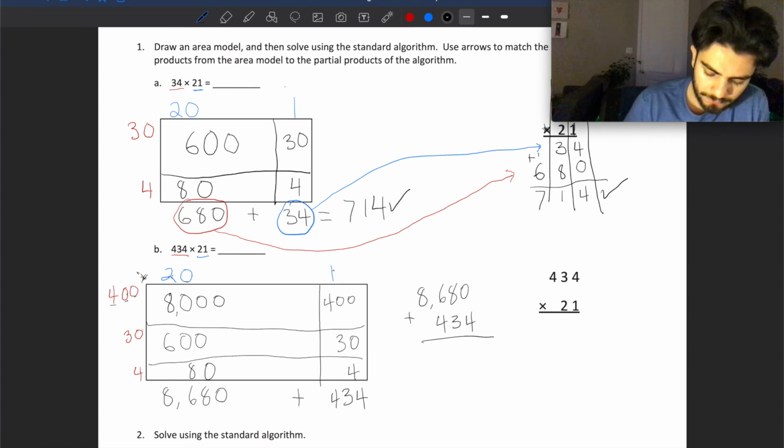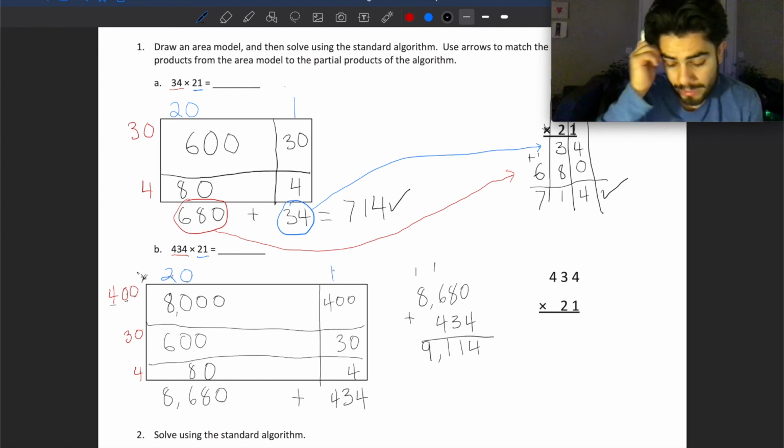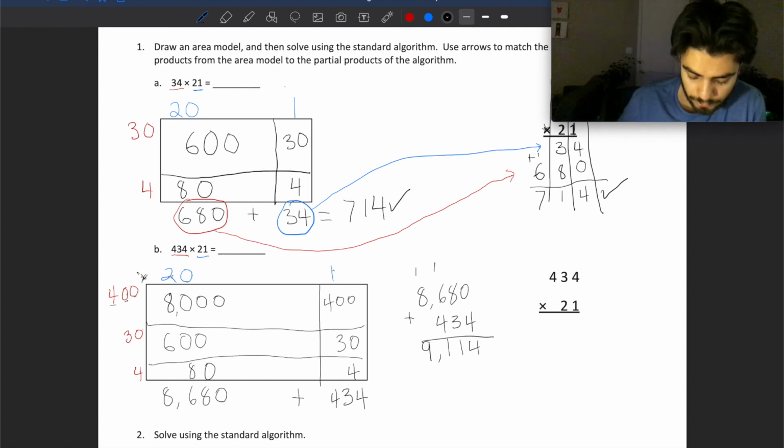There we go. 0 plus 4, 4, 8 plus 3, 11, carry the 1, you get 7, 7 plus 4 gives you 11 again, carry your 1, comma, 1 plus 8 gives you 9, for your total of 9,114. That should be your final answer.